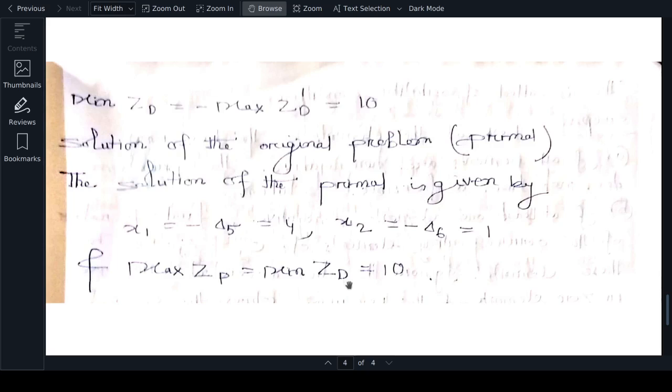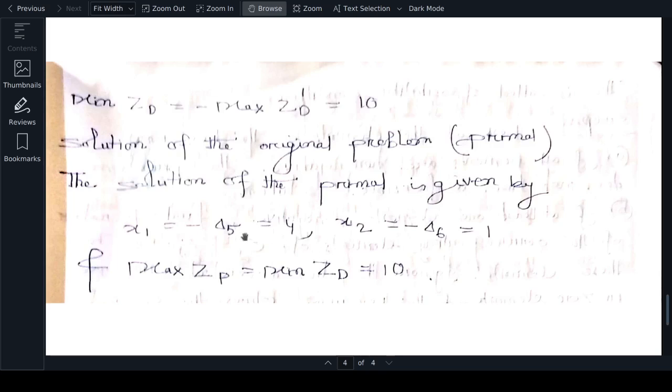Is that clear? Like here in the solution we put x1 equal to the surplus variable. Can we also put a slack variable instead of surplus in x1? Is there a rule? There is no rule.